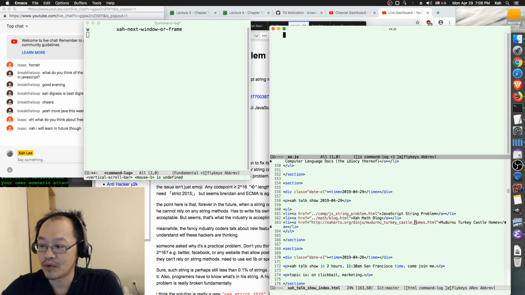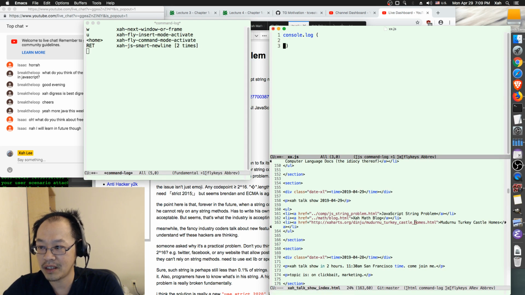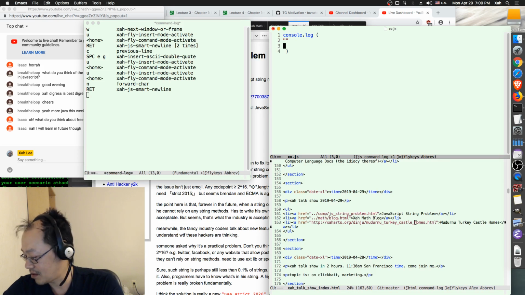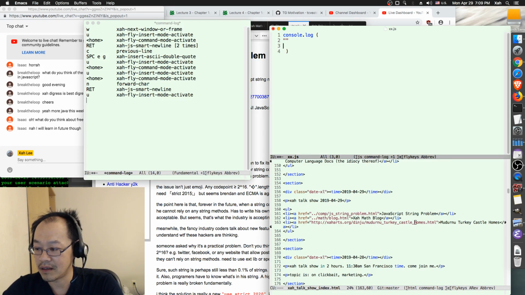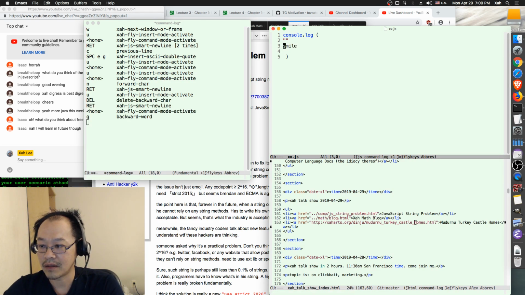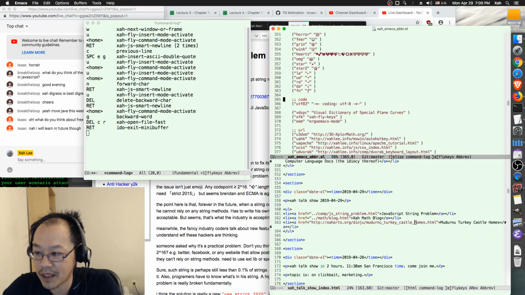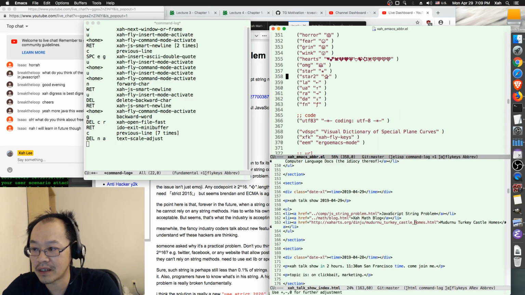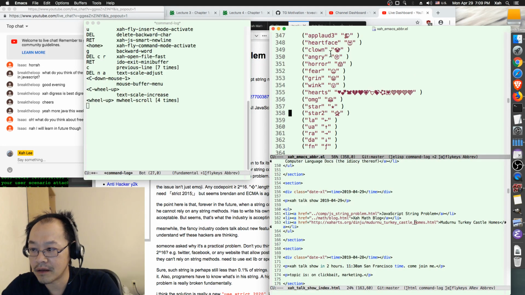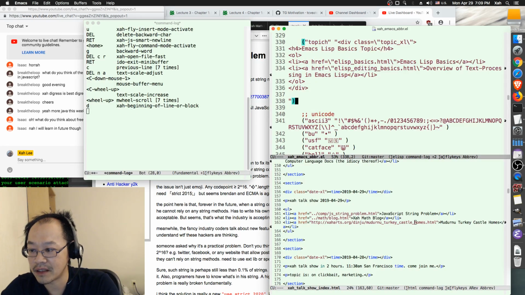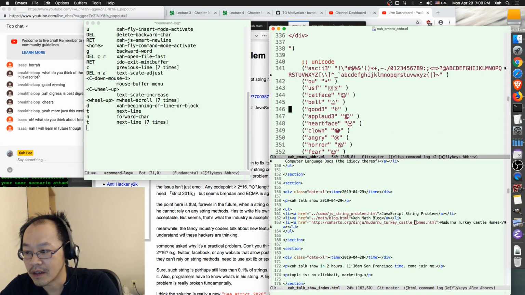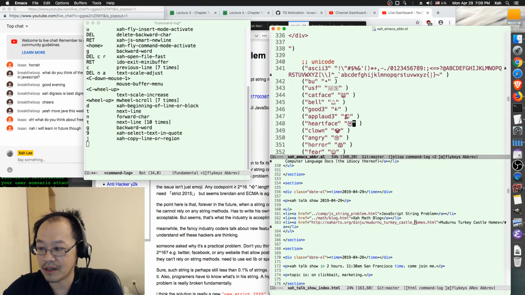So I'm going to go to JavaScript mode, console log, print, and make a string, and let's see what. Smile. No, okay, let's go to abbrev. I forgot what my abbrev is for that character. Okay, there it is. Horror, cat face, no. Well, for a change, let's use this one.